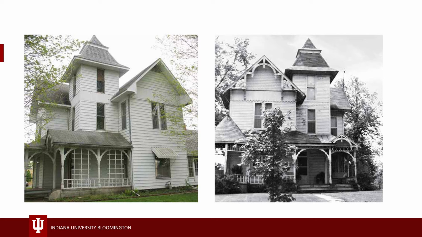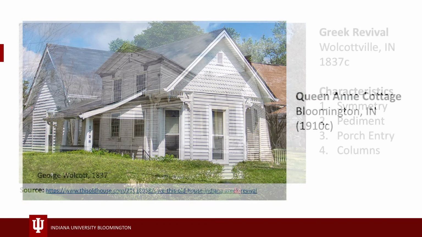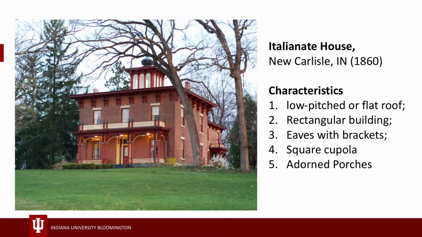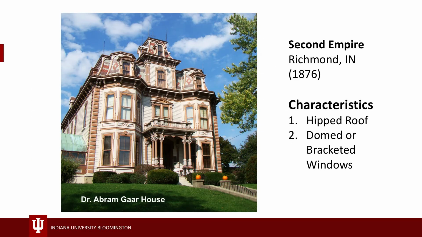Maintaining the trim and finding the skilled labor required to replace it is expensive. And so many of the humbler homes have lost their fancy trim. Well, there you have it, five important styles of the 19th century by which you can plot the aesthetic shifts in our state through the decades.